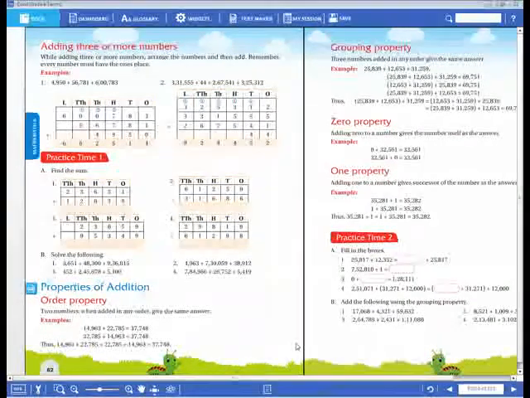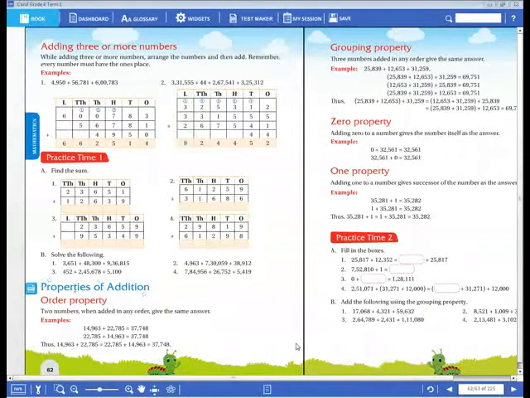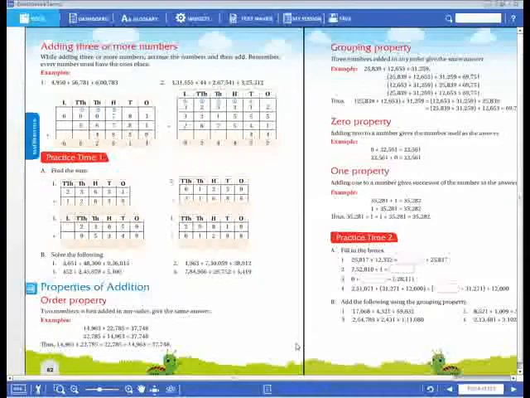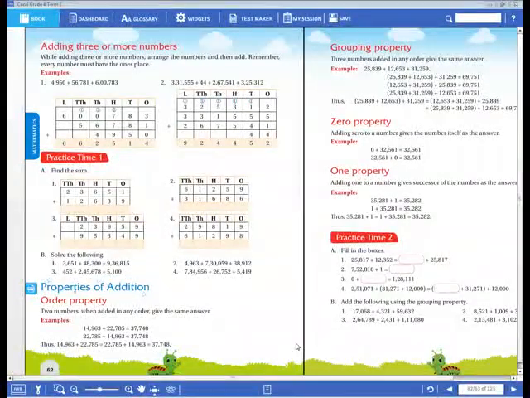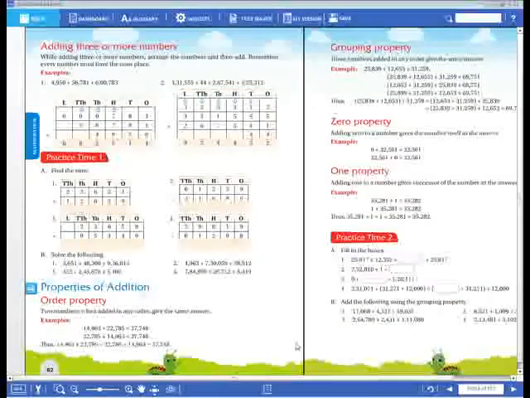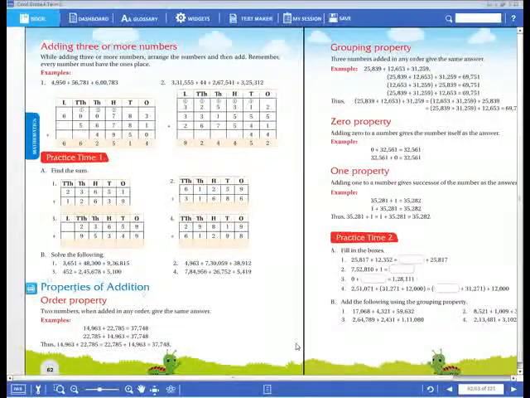First write down the definition of the grouping property: three numbers added in any order give the same answer.